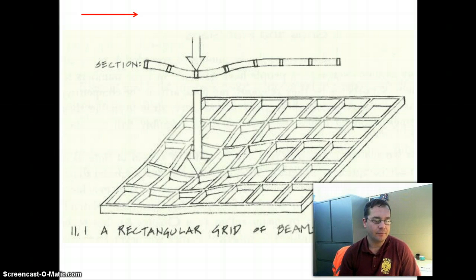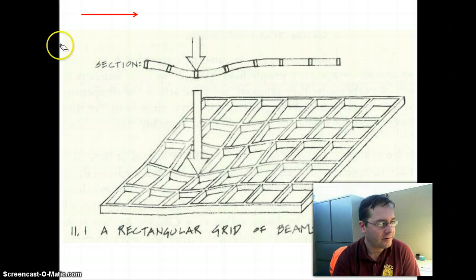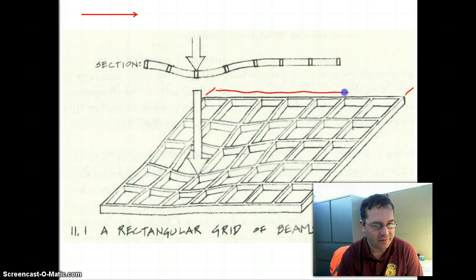Now, figure 11.1 is a good example of that. This is a reinforced concrete grid, or it could very well be of steel, but I would say that most commonly you'd see this type of grid out of concrete. There are a couple of characteristics that are important in this grid. One is that if you think about the relative width and length proportions of this, you'll notice that they are similar.